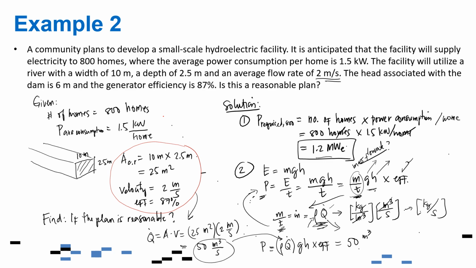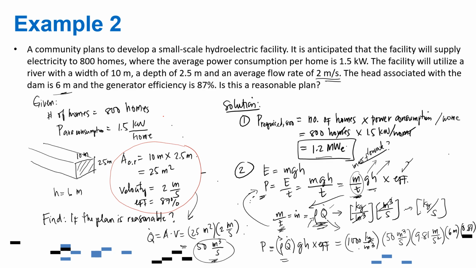Rho is the density of water in kilograms per cubic meter, times Q, which is 50 cubic meters per second, times g, which is 9.81 meters per second squared, times H. How much is H? The height is given here, 6 meters. We forgot to put the height here. So H is 6 meters, times 0.87, which is the efficiency.